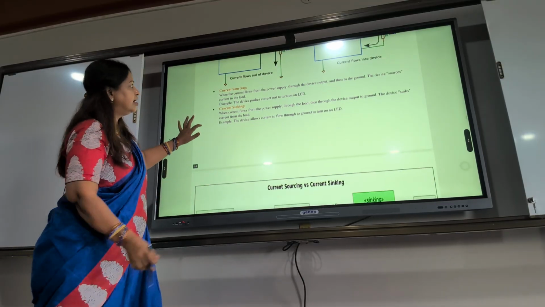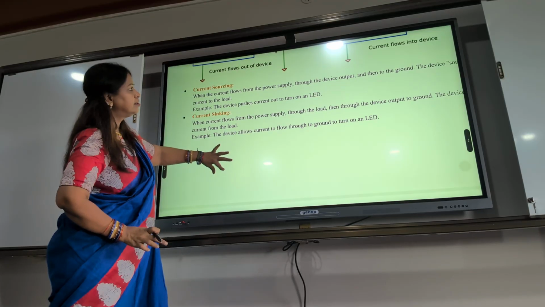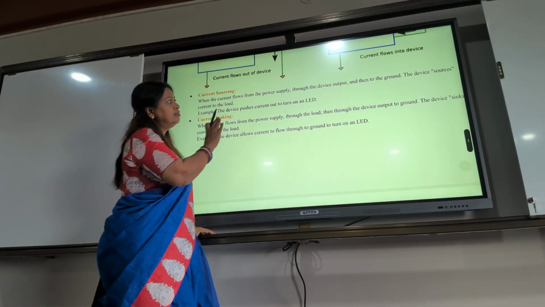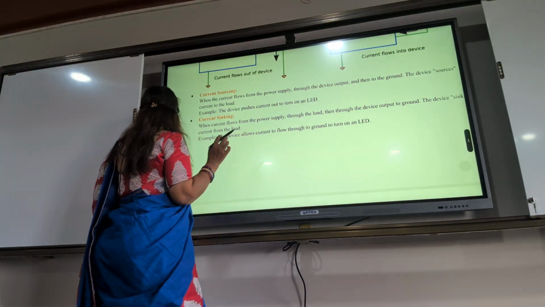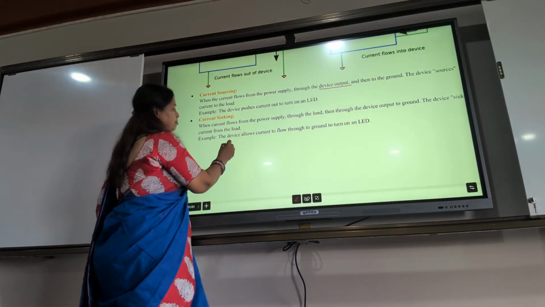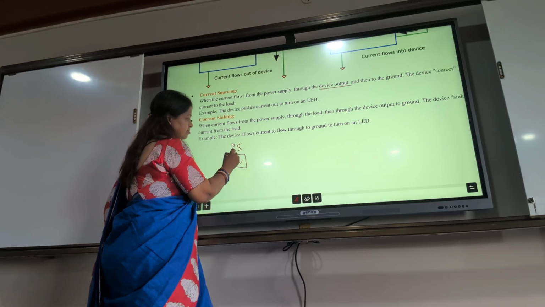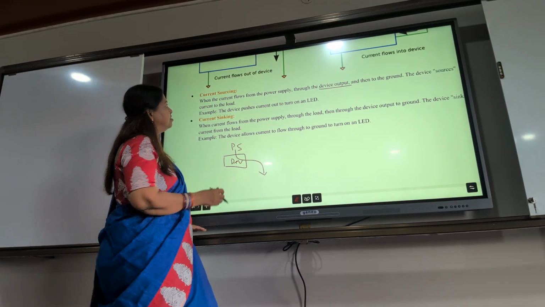Current sourcing, when the current flows from the power supply through the device output, and then to the ground. Power supply, device, that is giving source.